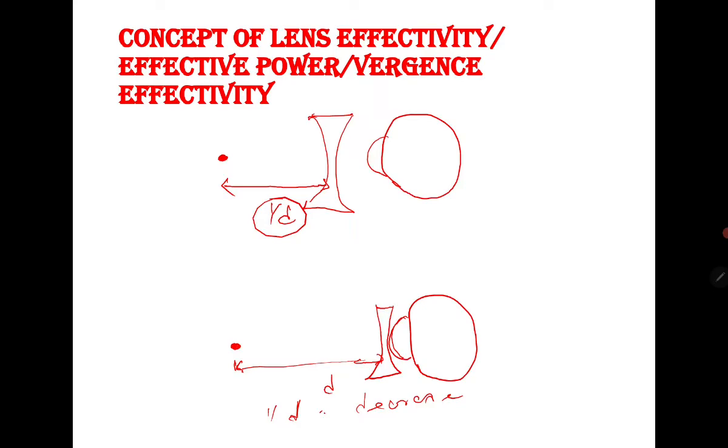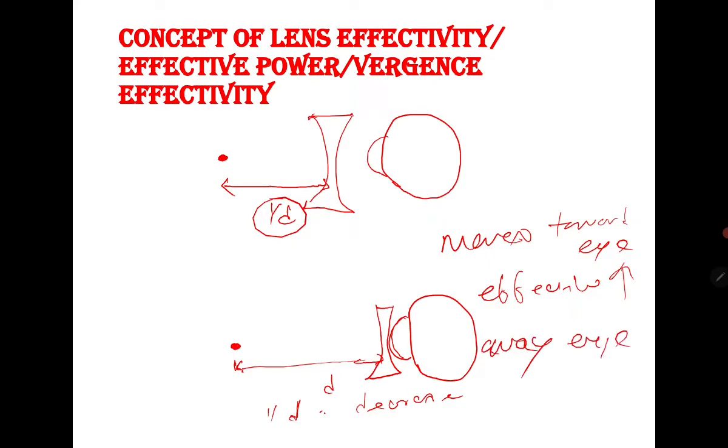So exactly opposite, in a minus lens, when it moves towards the eye, effectivity increases, and away from the eye, effectivity decreases.